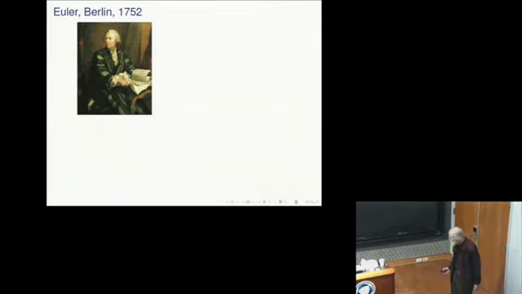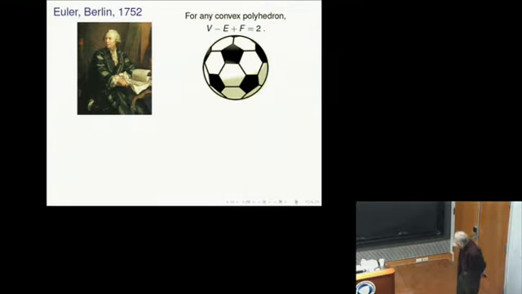And the next hint came from Euler again, who looked at a convex polyhedron and stated, and later proved, that the number of vertices minus the number of edges plus the number of faces is always equal to 2. So for example, in this case, we have 60 vertices and so on.